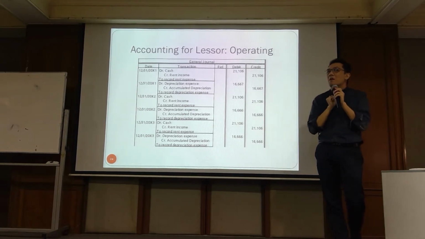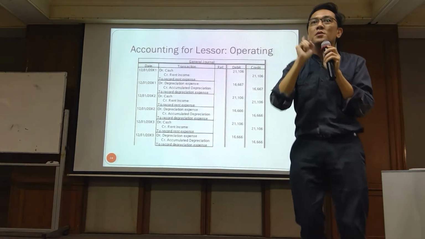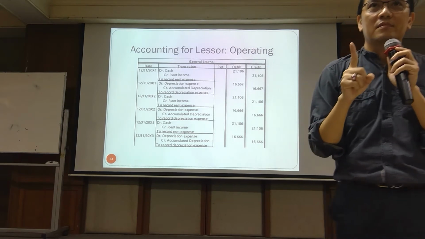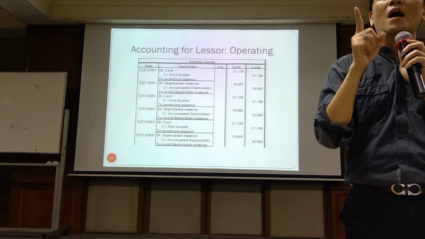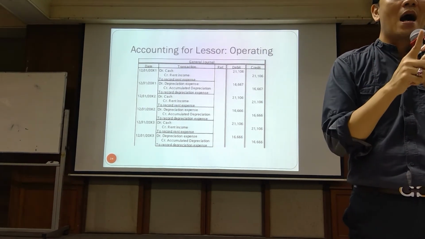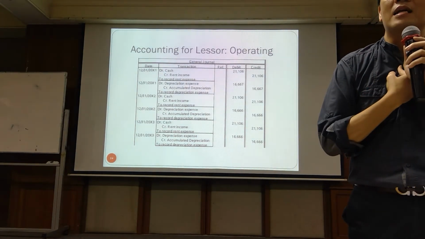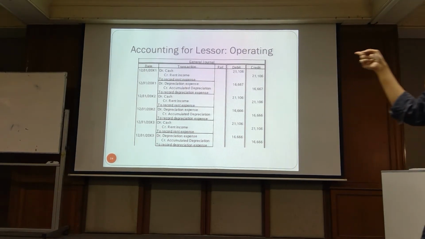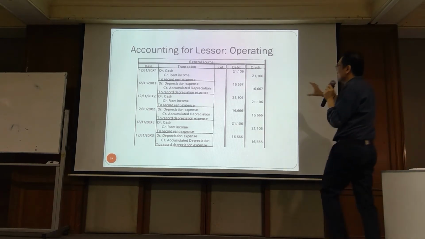What happens in terms of an operating lease means what? You still have the asset in your account. You get the rent revenue. That's why the asset is still with you as a lessor. That's why you have depreciation expense, together with accumulated depreciation right here.